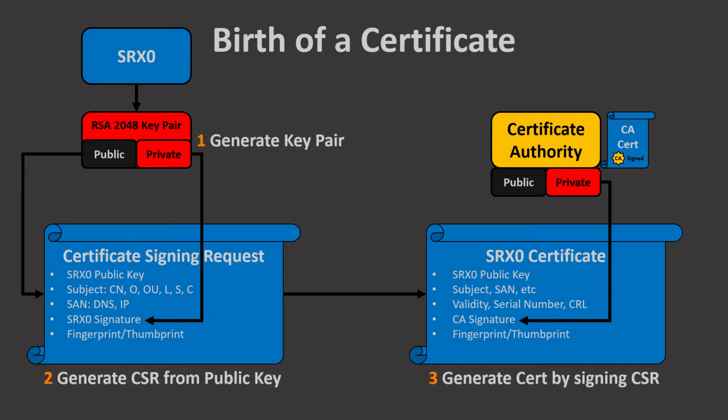You need that cluster to share the same cert so that it shares the same identity to the rest of the world. And so that's where the subject alternative name, the SAN, comes in. It lists the DNS names and or the IP addresses of all the servers that are sharing the same cert because they're sharing the same identity.